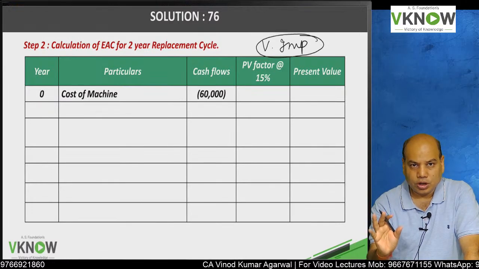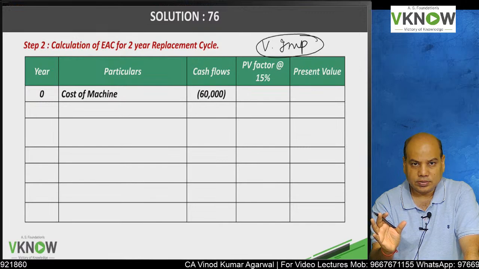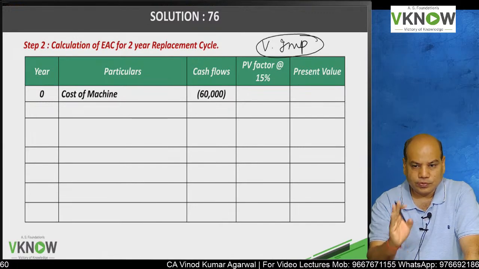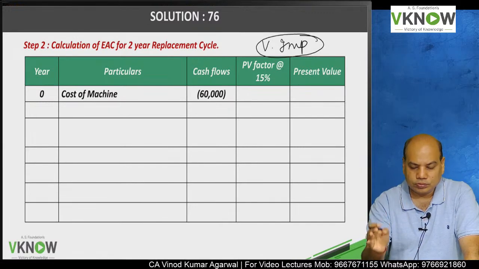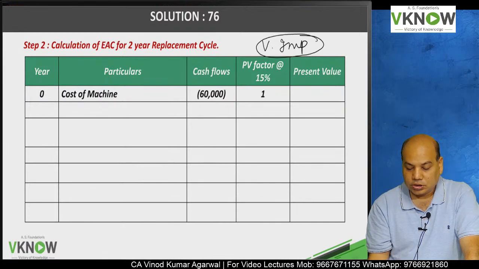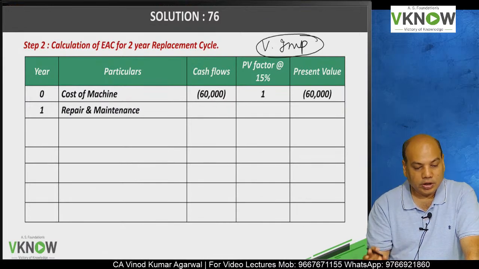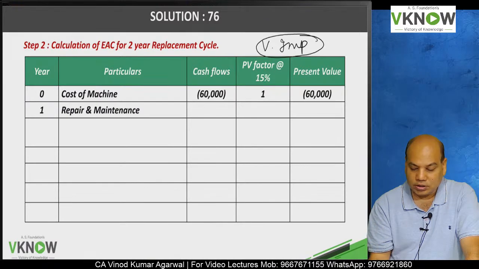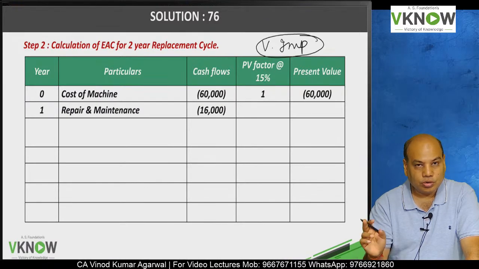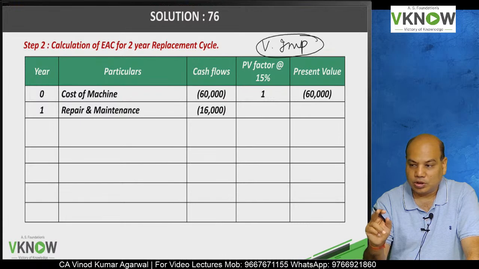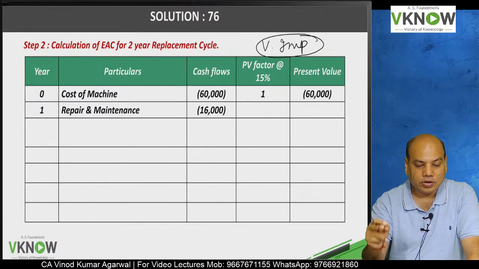Now suppose you are going to use it for 2 years. What are the cash flows from 0 up to year 2? 60,000. Then year 1 repair and maintenance is 16,000. Don't write scrap value of year 1 because you are going to sell it after 2 years.